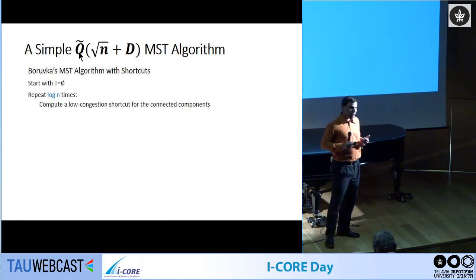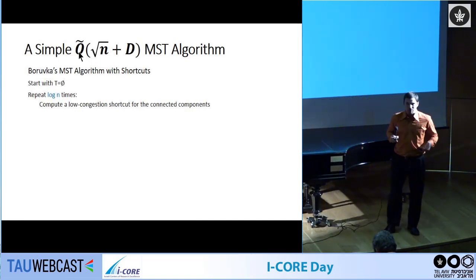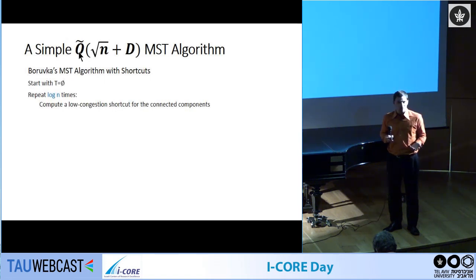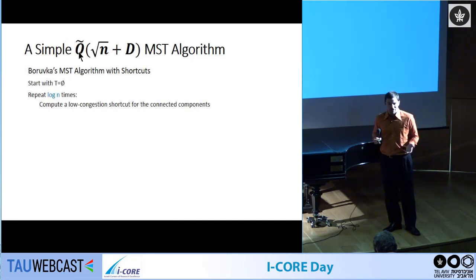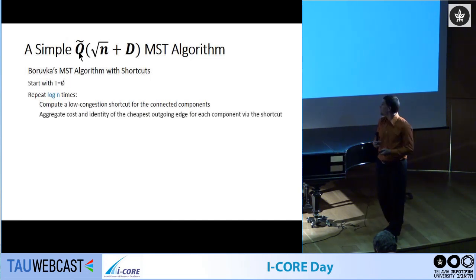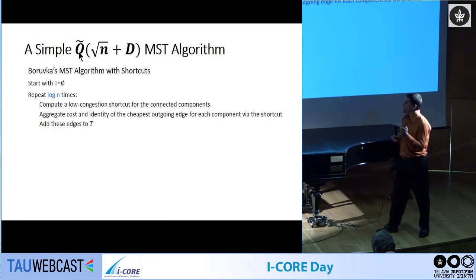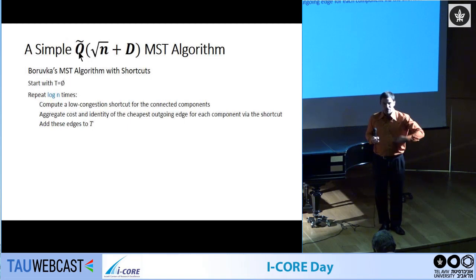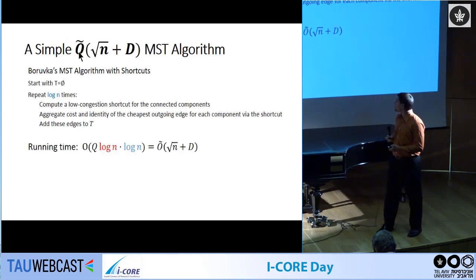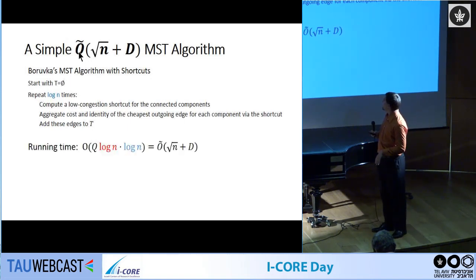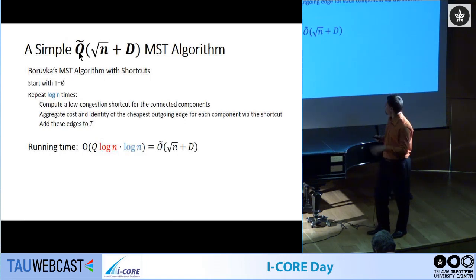After square root of N rounds of everybody being on their own, there are at most square root of N parts left. And for those, I can just use the whole graph and flood all the information in the whole graph about these square root of N subsets. And we're done, right? So aggregate the cost and identity of the cheapest edges, add the edges to D. We only need log n iterations, and so the running time is basically Q times log n.